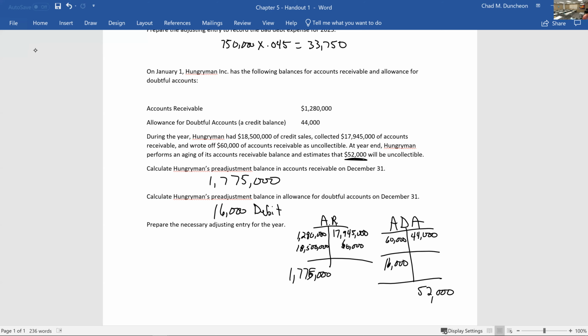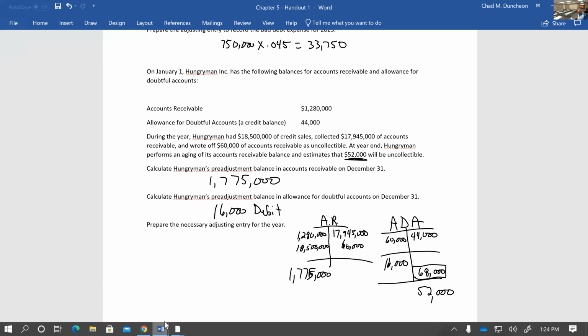In order to make that true, we need to make an adjusting journal entry. If it's on the debit side, we need to make it larger than the 52,000. We need to add them together, and we need to make an entry that credits allowance for doubtful accounts by $68,000.